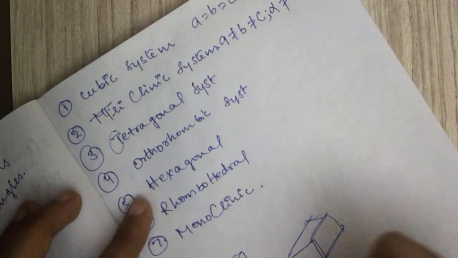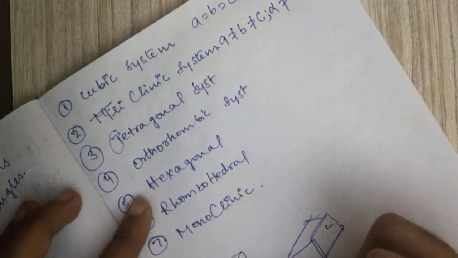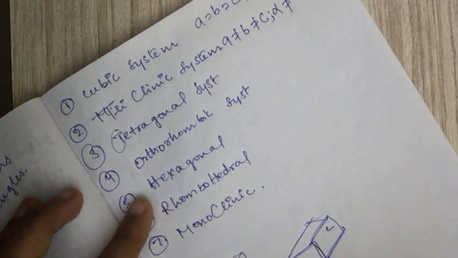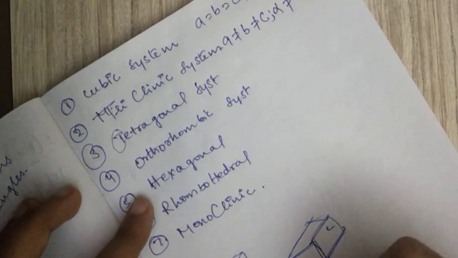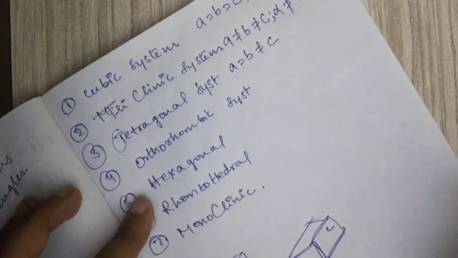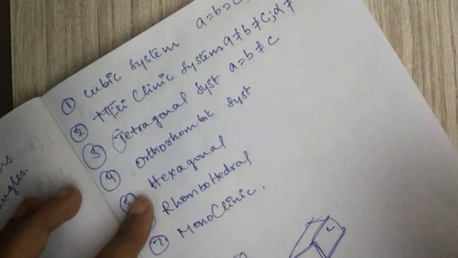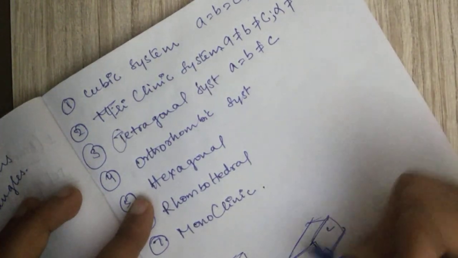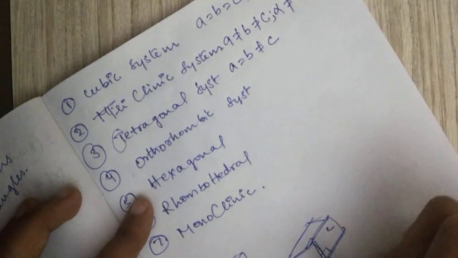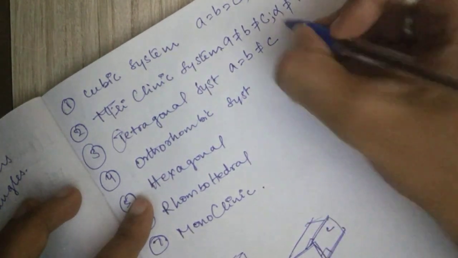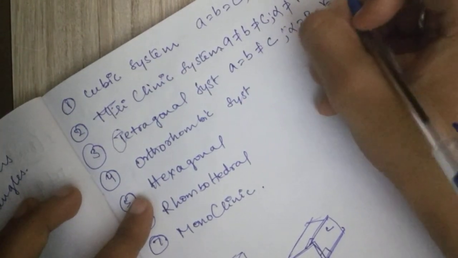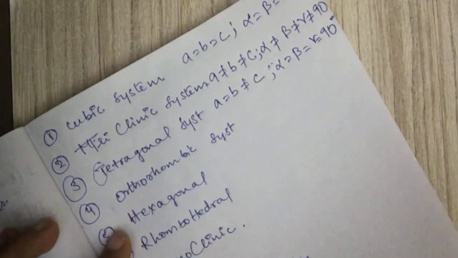Let me denote this as A, this as B, and this as C. A equal to B, but this is not equal to C, and all the angles are 90 degrees. So alpha equal to beta equal to gamma equal to 90 degrees. This is the tetragonal system.